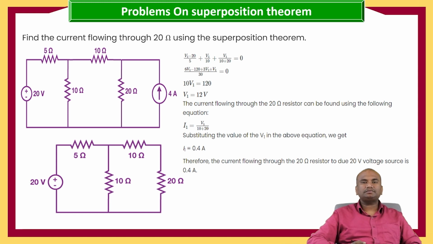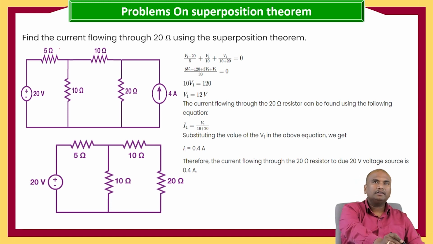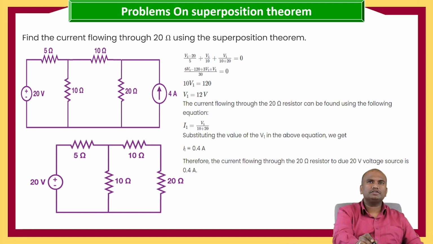So for that, here it is asked to find the current flowing through 20 ohms using the superposition theorem.